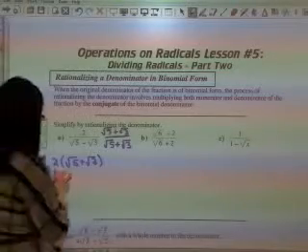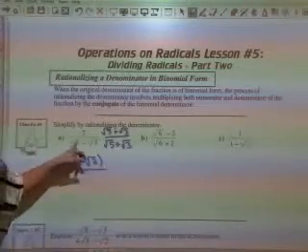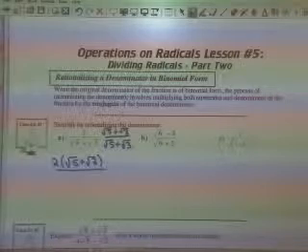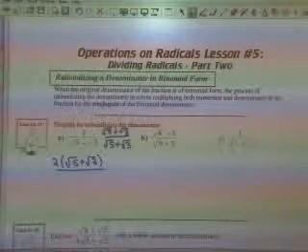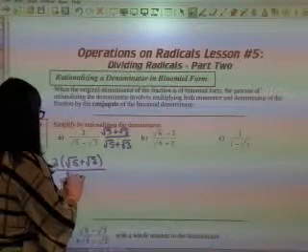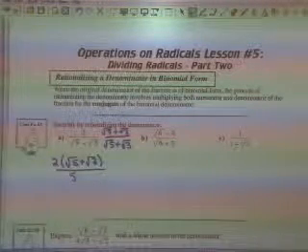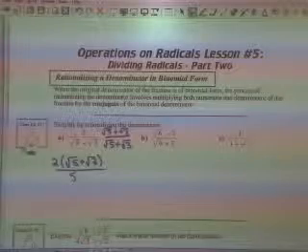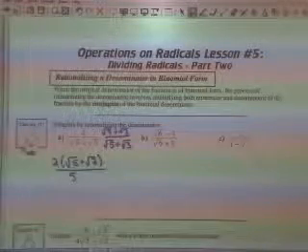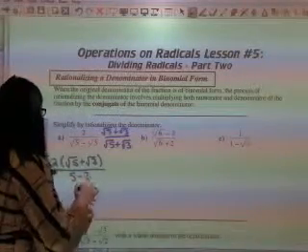And then if I look at the bottom, what's root 5 times root 5? And negative root 3 times root 3? And what's 5 minus 3?